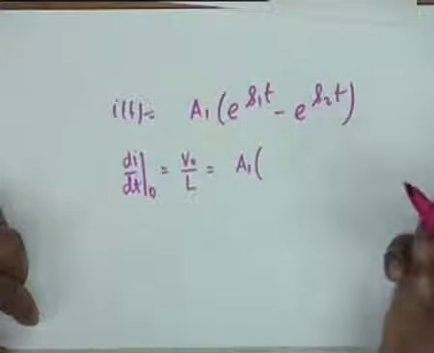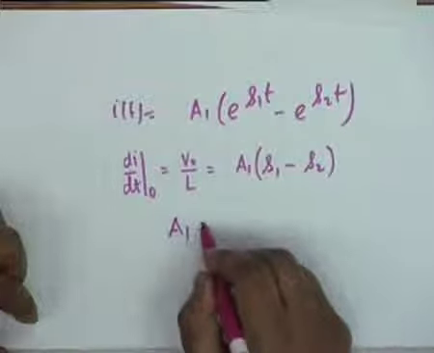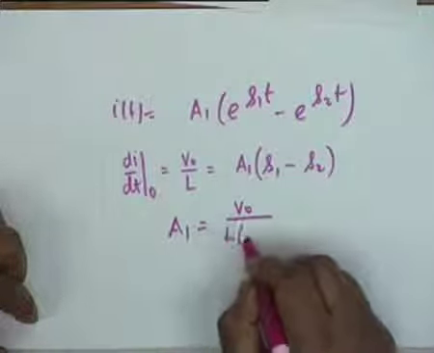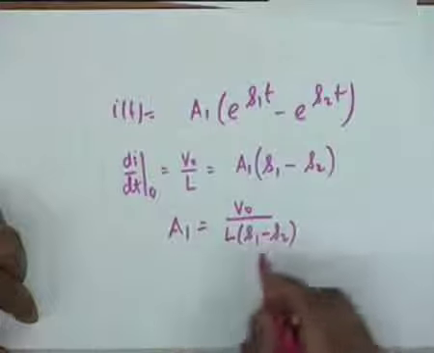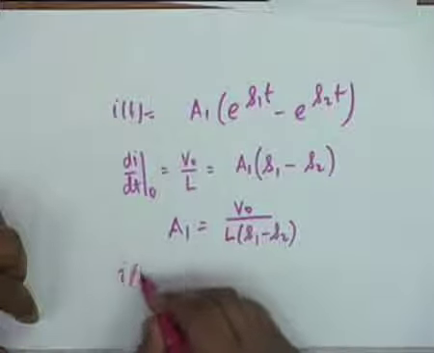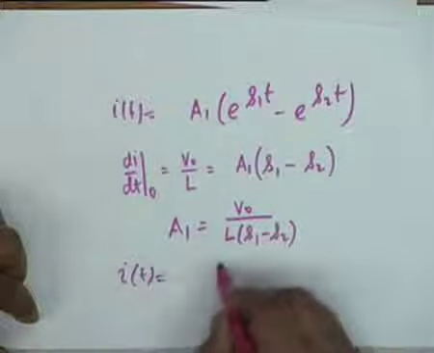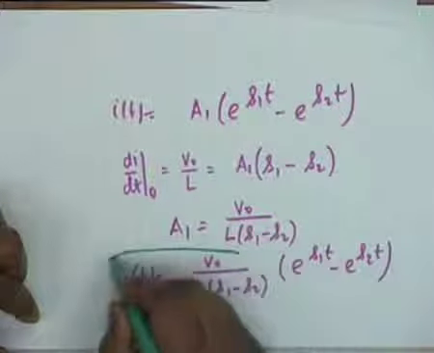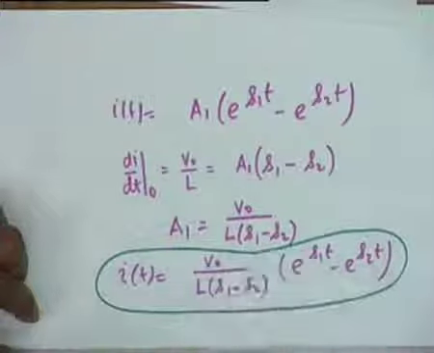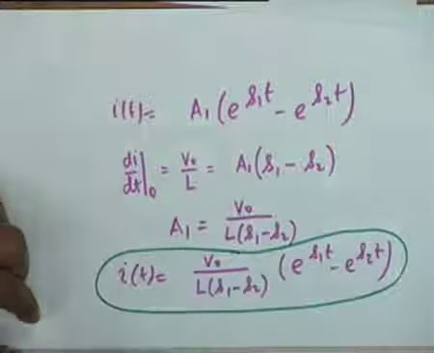I have omitted that differentiation step, and therefore A1 is equal to V0 by L (s1 minus s2). Is that okay? Alright. And therefore my total solution i(t) is equal to V0 by L (s1 minus s2) times (e to the s1t minus e to the s2t). This is the total solution to the equation.